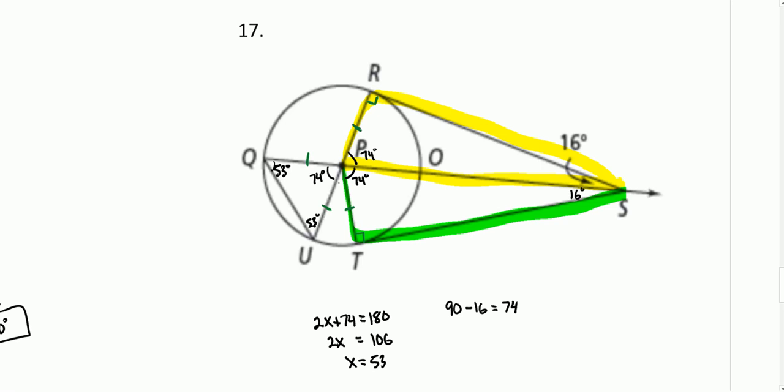We can also find this missing angle in here because QO is a diameter, and so 74 plus 74 plus something equals 180. They're supplementary. So 2 times 74 plus that missing angle, I'll call it Y, is 180. 2 times 74 is 148.